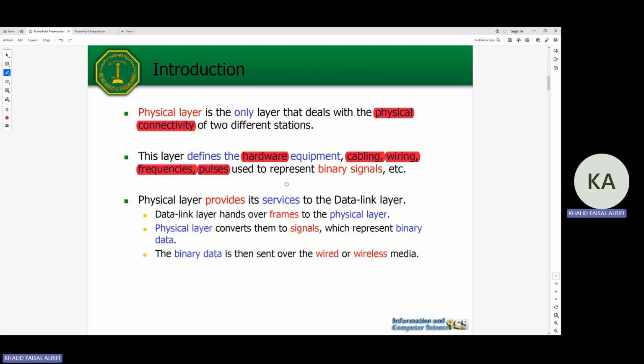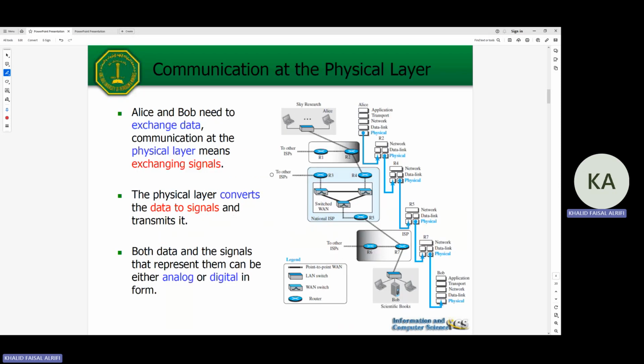The physical layer provides services to the data link layer. The data link layer hands over frames to the physical layer, as we know. The physical layer converts them to signals, which represent binary data. The binary data is then sent over the wired or wireless media.